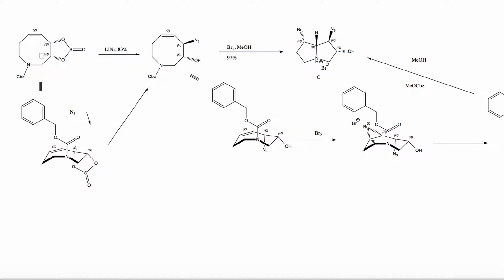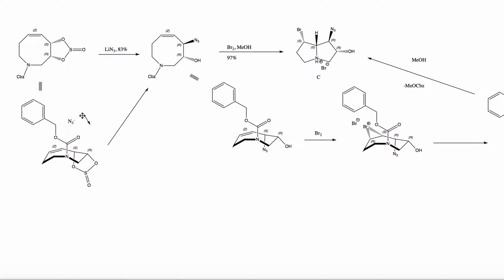And so if you redraw this structure as its three-dimensional conformer, you'll see that this part here, this oxygen, which corresponds to this oxygen on the ring, is more sterically hindered than this one.